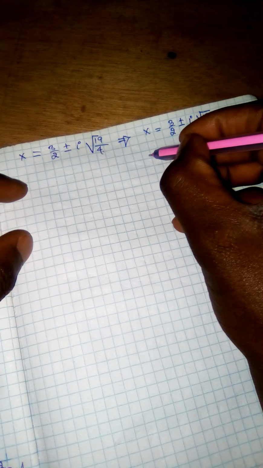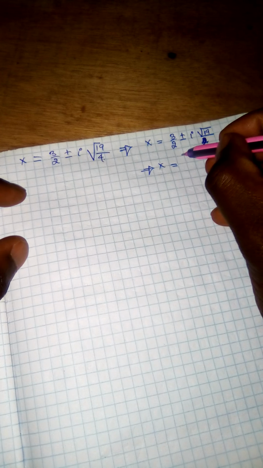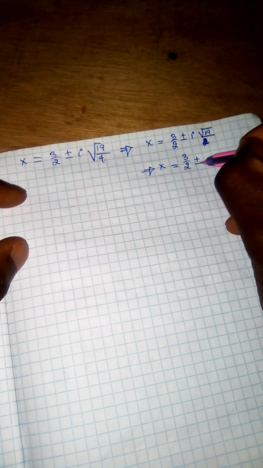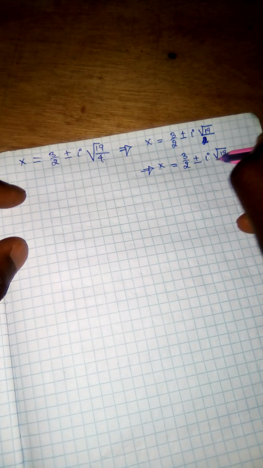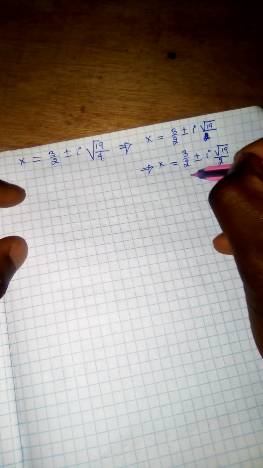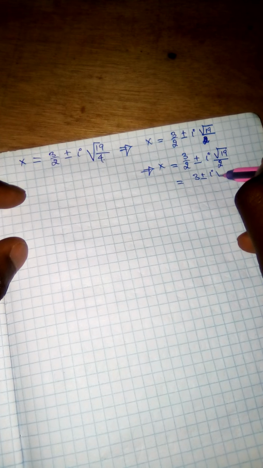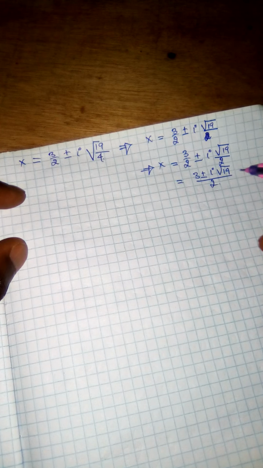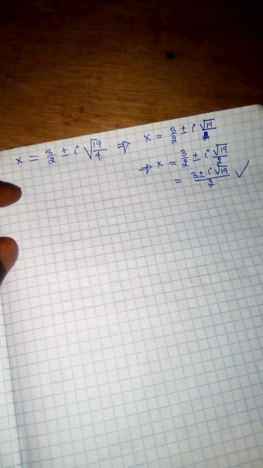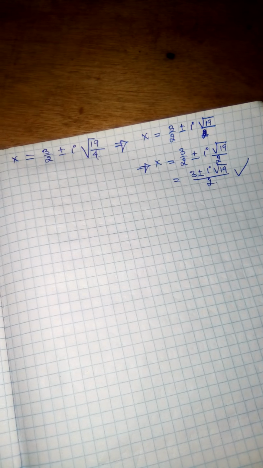So the value of x is equal to 3 over 2 plus or negative i square root of 19 over 2. This is equal to 3 plus or minus i square root of 19 over 2. That is the solution also of this equation.